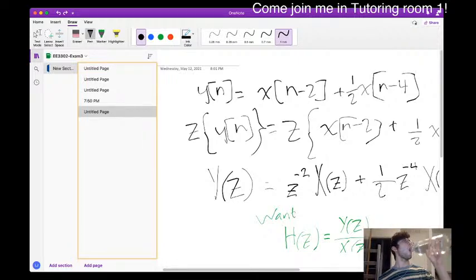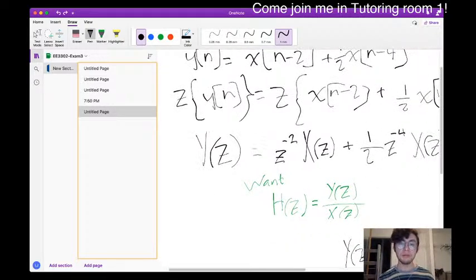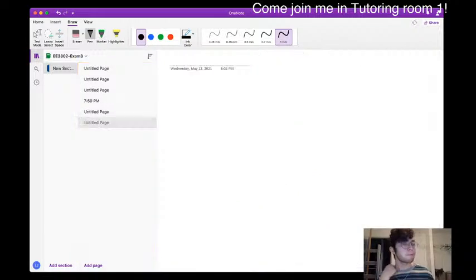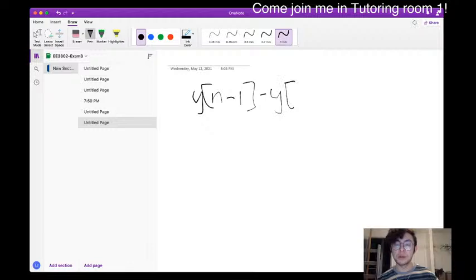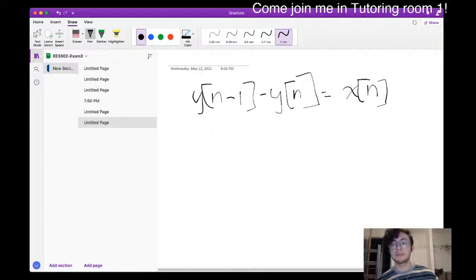So let's go ahead and do another one. Let's say that we are given, let's do another one for posterity's sake, y[n-1] minus y[n] is equal to x[n] plus 4.